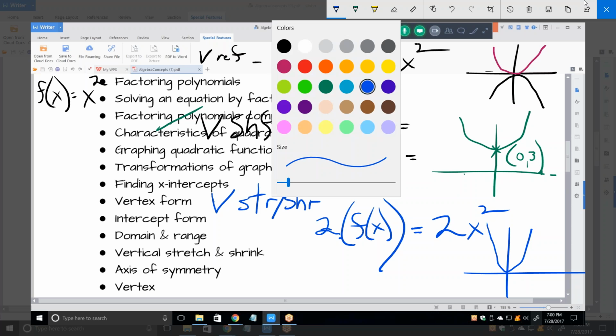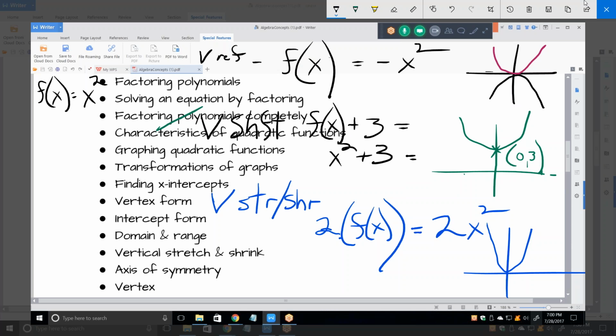If I go back over here and draw this parabola, it's wider. Whereas the one in blue has been vertically stretched. It's like I grabbed the two ends of the parabola and pulled them up, which is exactly what the factor of 2 does.